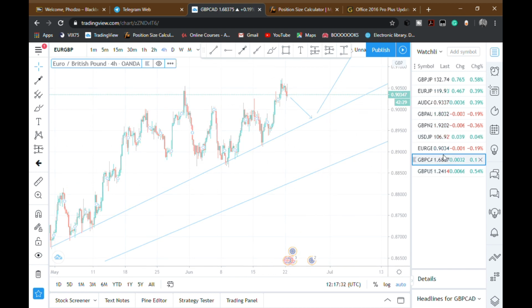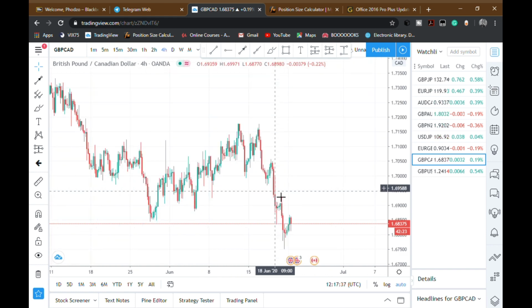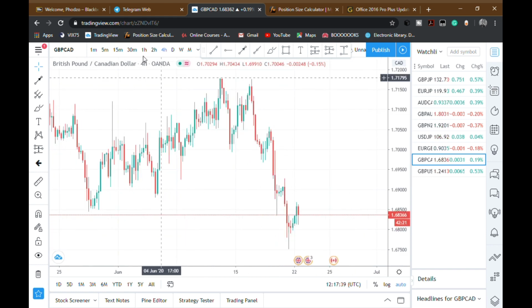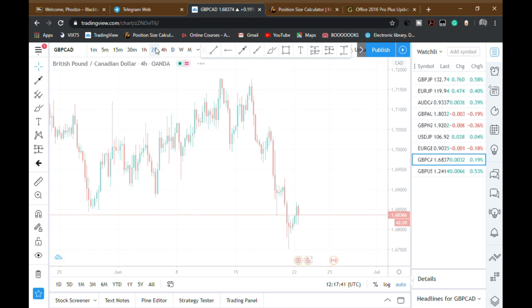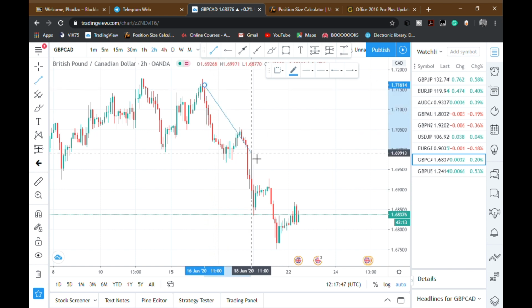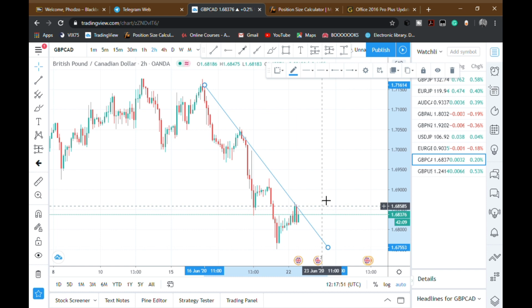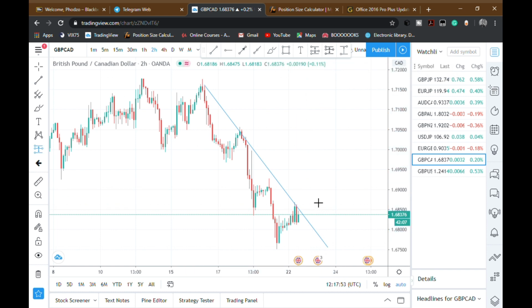Then GBP CAD, I think it's the same thing. For GBP pairs, I'm seeing the same things, because for this pair, I'm seeing this downtrend. It wouldn't be a bad idea to take a sell right now.